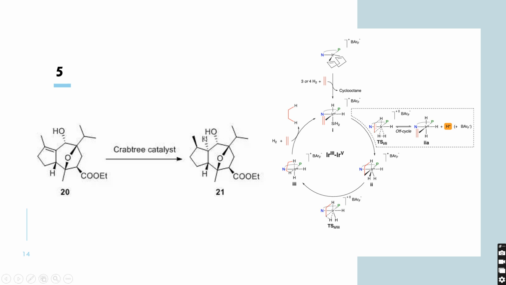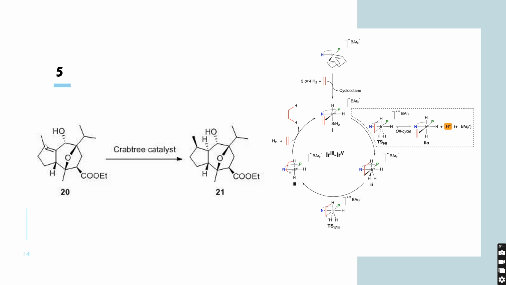Like we saw, this alcohol is going to bind to the iridium metal surface. After the binding, the incoming hydride, which you are going to transfer to the double bond, will come from the same phase as the alcohol. And in turn, your alkyl group will be pushed back to the opposite phase.